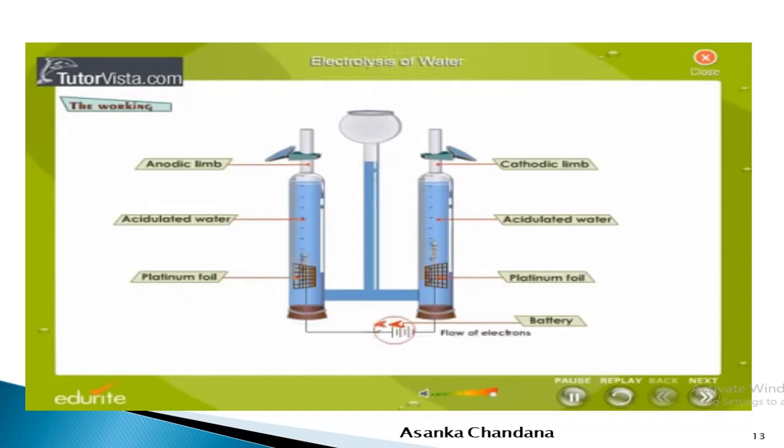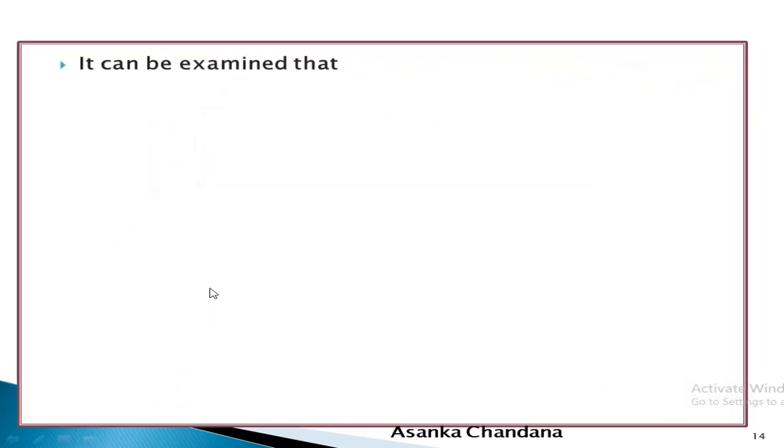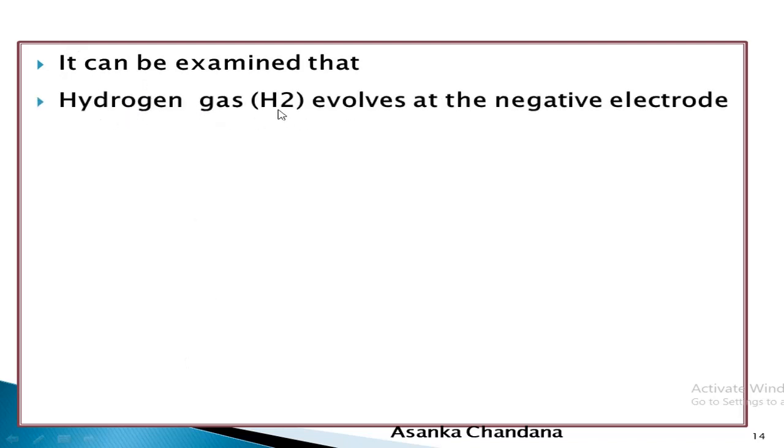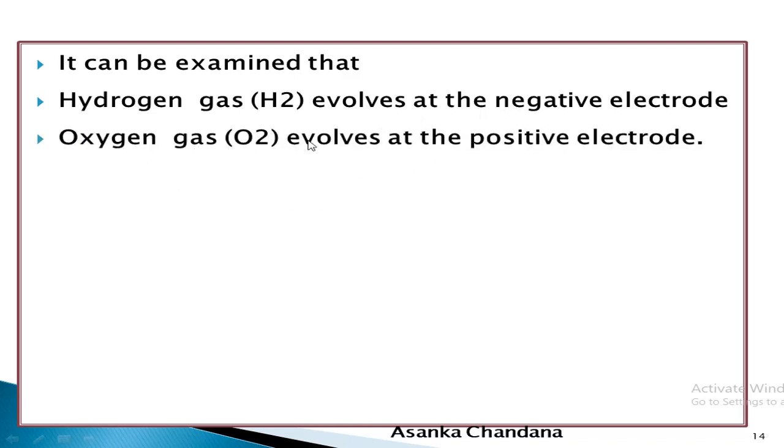On the passage of electric current, water dissociates into hydrogen ions and hydroxyl ions. Right. It can be observed that hydrogen gas evolves at the negative electrode and oxygen gas evolves at the positive electrode.